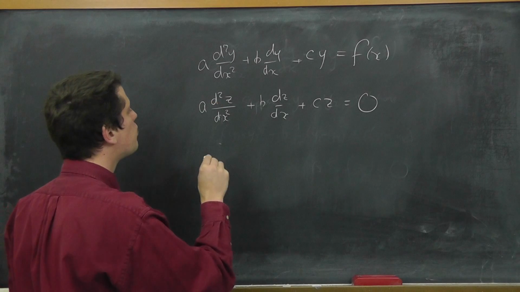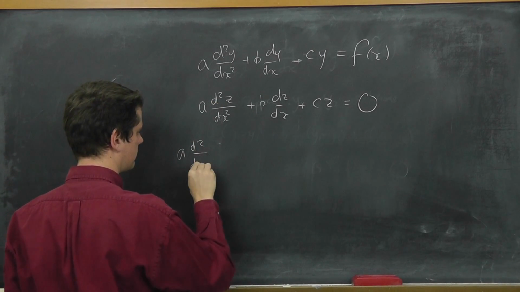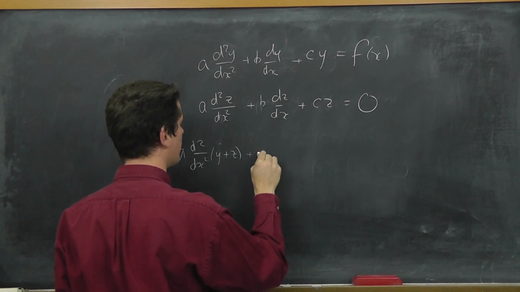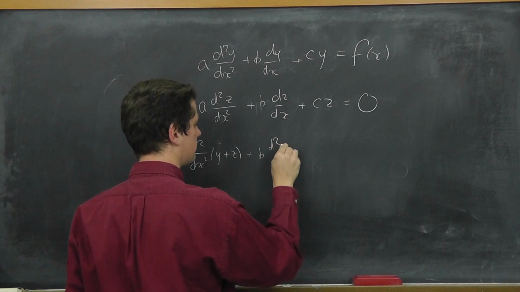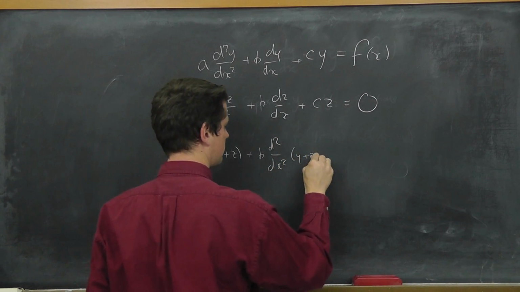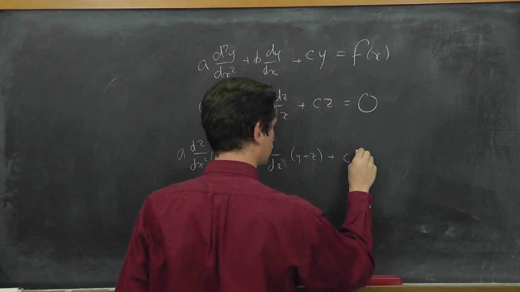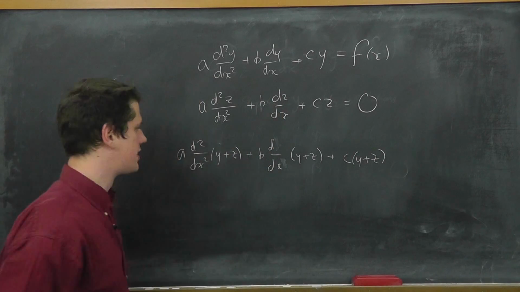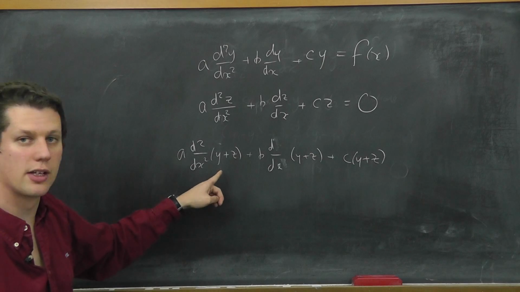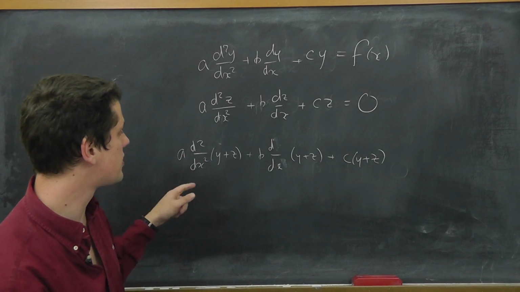Then if we add y and z, and look at what that satisfies, we take the same process, a times the second derivative plus b times the first derivative plus c times the function, and apply it to y plus z.